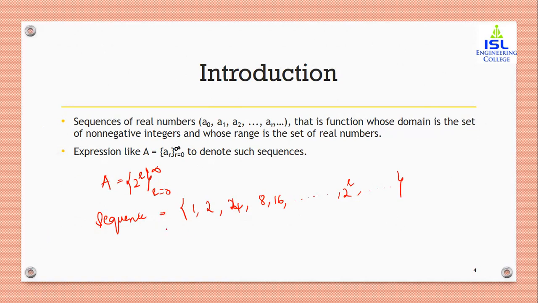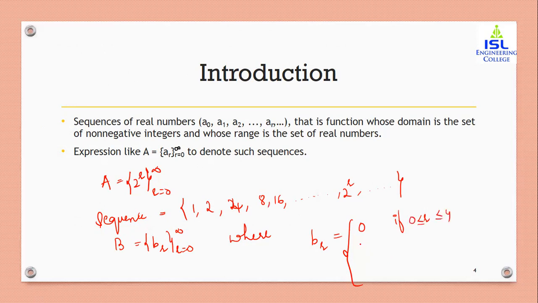Similarly, I can have another sequence B, which is denoted by br, r is equal to 0 to infinity. What is the sequence br? It is denoted in this way. br is equal to 0 if r lies between 0 and 4, including 0 and 4.